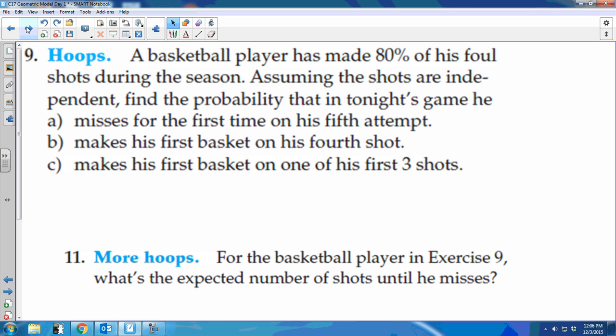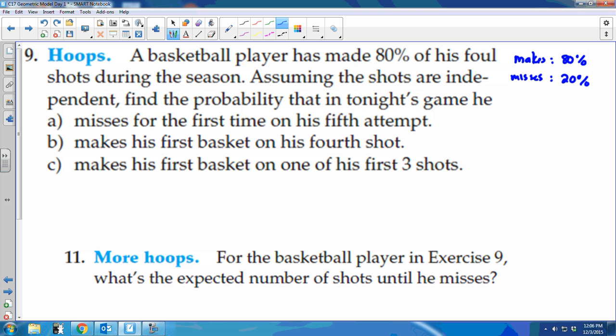All right, so a basketball player has made 80% of his foul shots during the season. Assuming the shots are independent, find the probability that in tonight's game he, and there are some scenarios. So just so we are all on the same page, he makes 80%, which means he misses 20%, right? You have to make sure these are Bernoulli trials before you do anything.